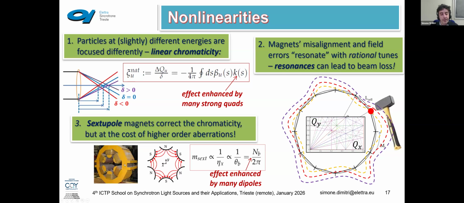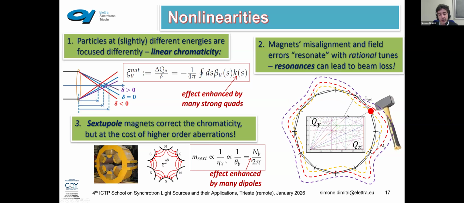The drawback of adding higher multipole magnets is the fact that they're not only working in favor of stability in the transverse plane, but they're also adding so-called geometric aberrations. In other words, they're adding additional distortions to the linear orbit that we assumed at the beginning. Now, the strength of the sextupole is inversely proportional to the strength of the dispersion that we generated with the dipoles.